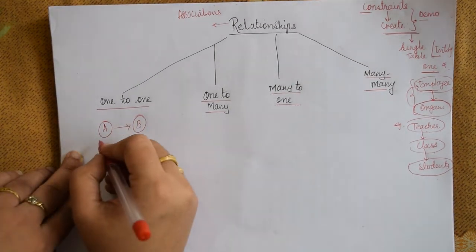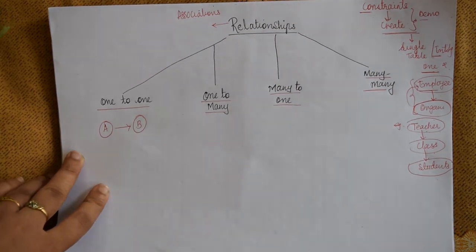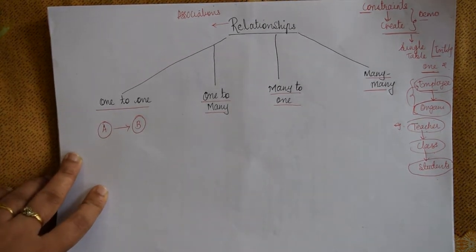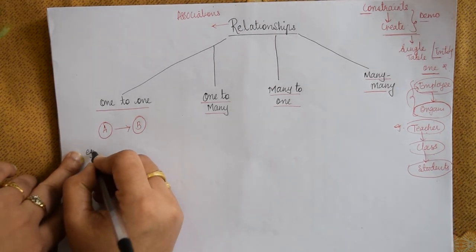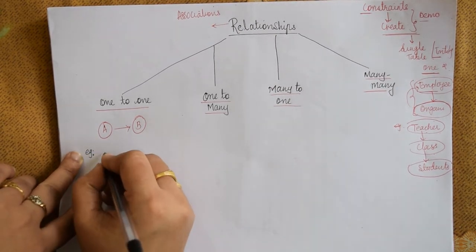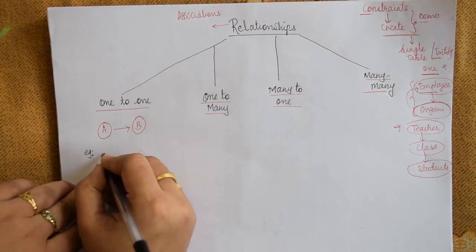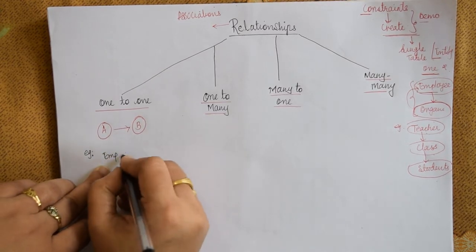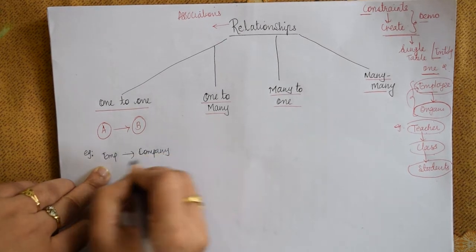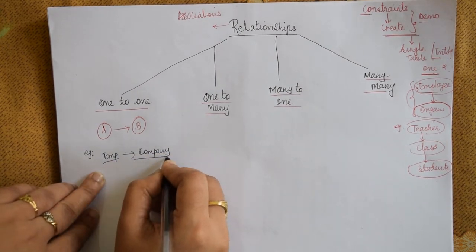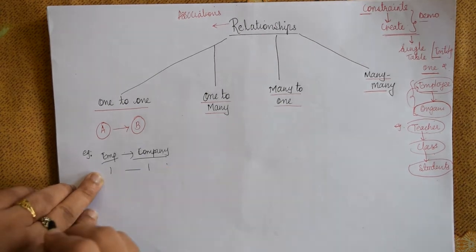So my entity A belongs to entity B. For example, one employee works in one company. One employee can work in one company, a one to one relation.